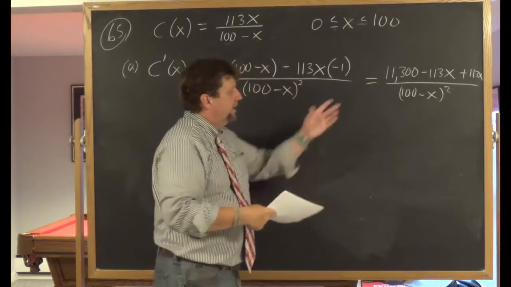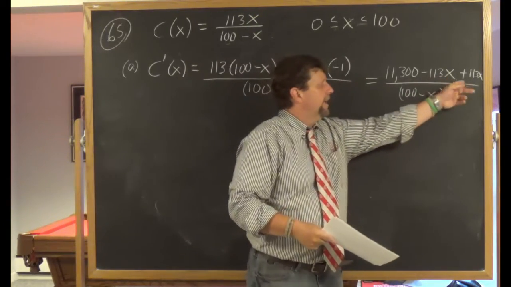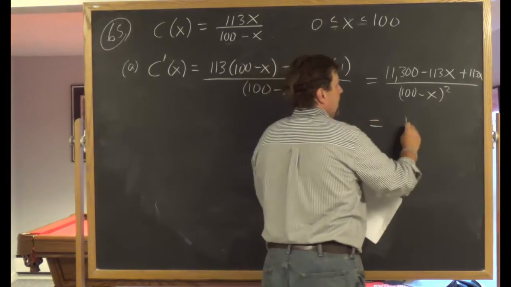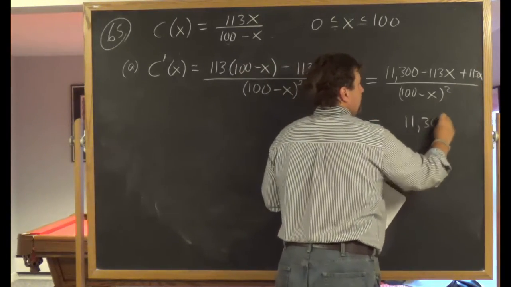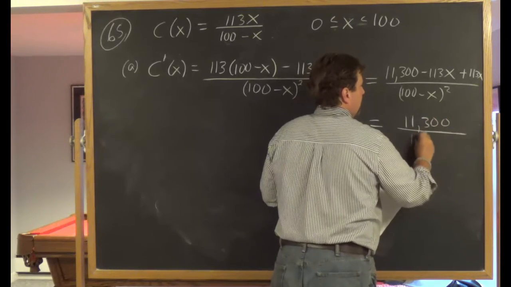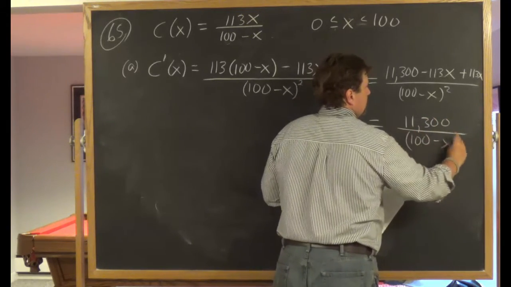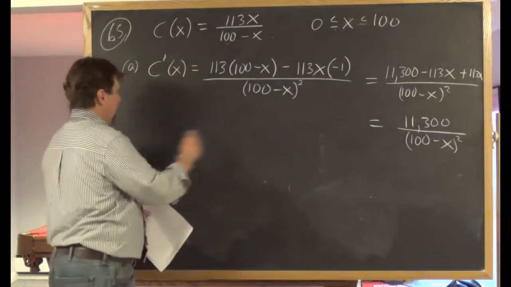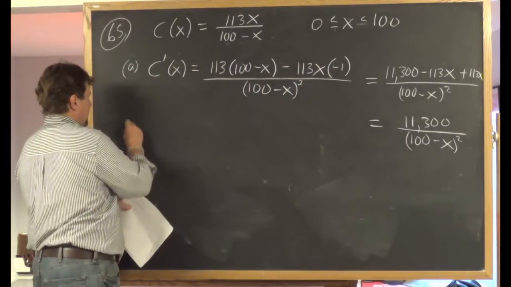So you can see the minus 113x plus 113x, they cancel out. So this is one of those times when I opted to simplify because, to be honest, it was easy and quick to do. But notice how it's going to help me maybe on Part B.